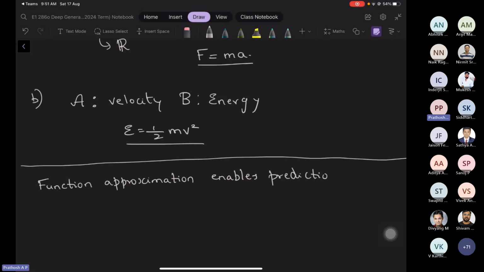So what do you mean by prediction? We have to define this, right? Prediction mathematically is simple.